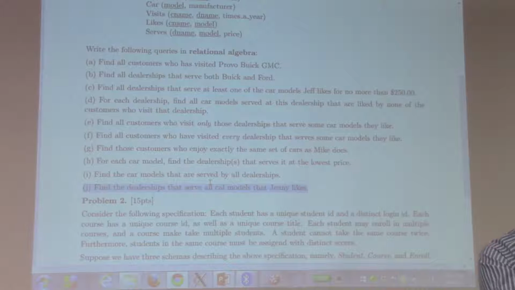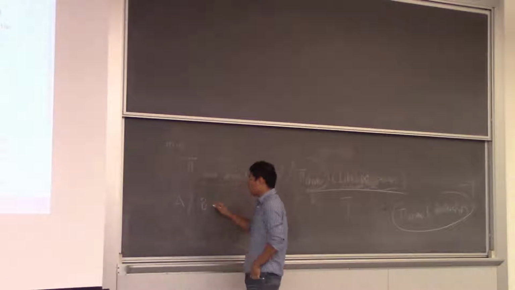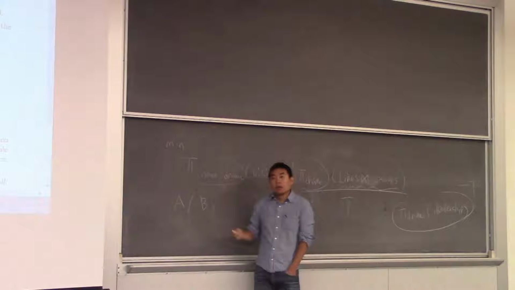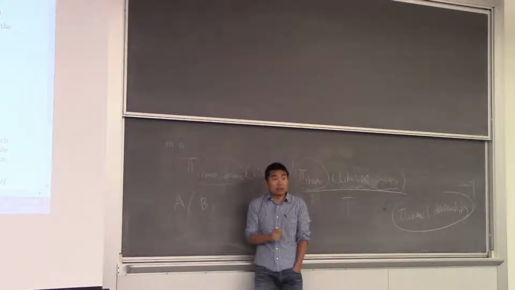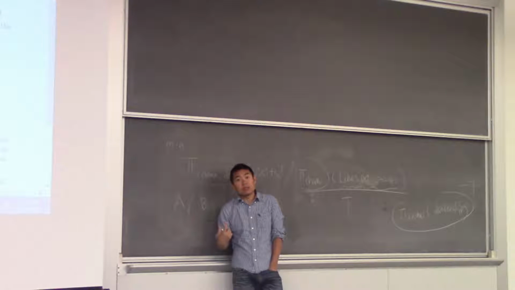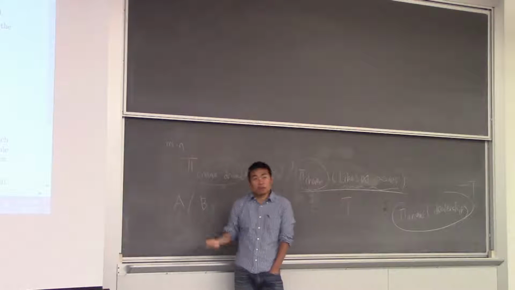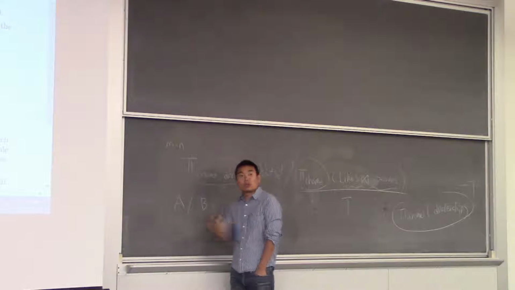The reason is you are looking at the combination of dealer and customer. So if you think about A divided by B, right, well, the critical thing is to figure out what's B. It looks like for a given customer, you can do this fairly straightforwardly. But if you're looking at all the combinations of customer and dealers, then this becomes hard because whatever you put into B, it will be too much to divide by.